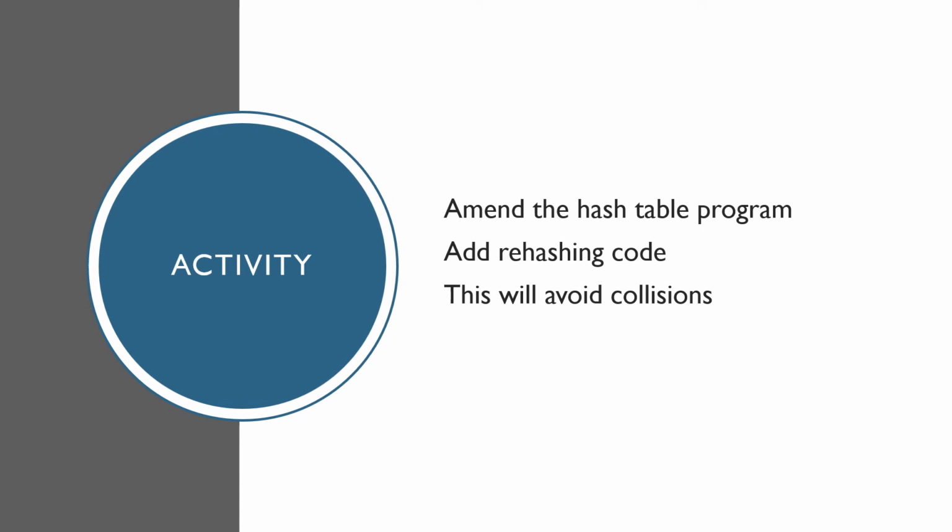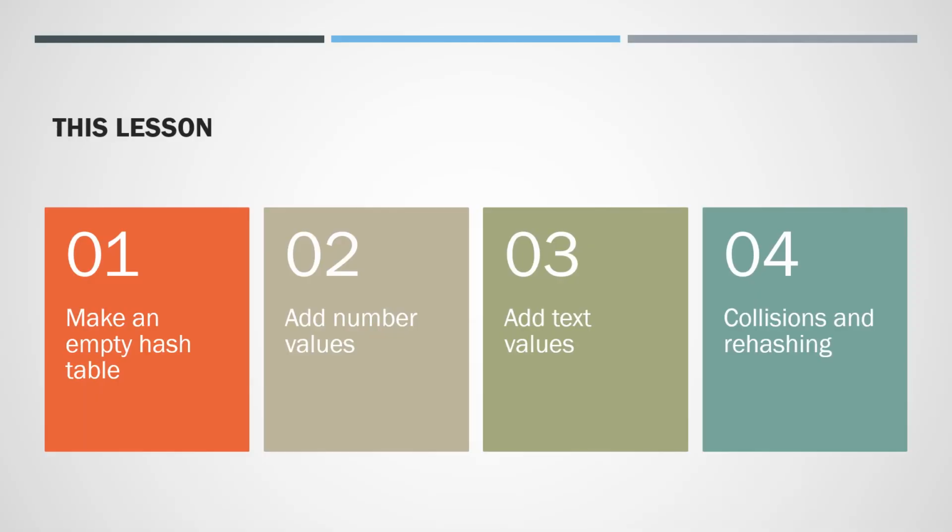There are still a couple of further issues that we can address, but let's look back at what we've done so far. In this lesson, I've shown you the code to make an empty hash table, to add integer values, and then we've amended that so that we can add text values.